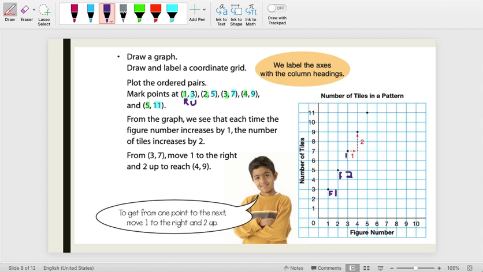This will be F3. I don't want to cover this up, because it's important. Okay, so they labeled the axis with the column heading. You notice they also labeled the x-axis. They explained how this is the figure number, and then this is the number of tiles. So you know exactly what you're plotting.